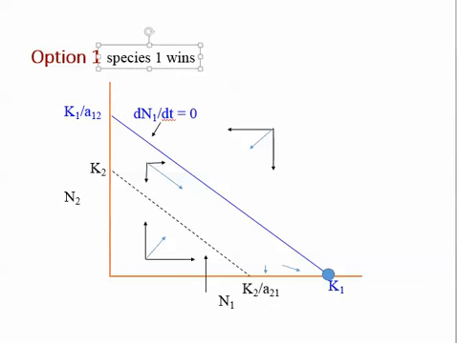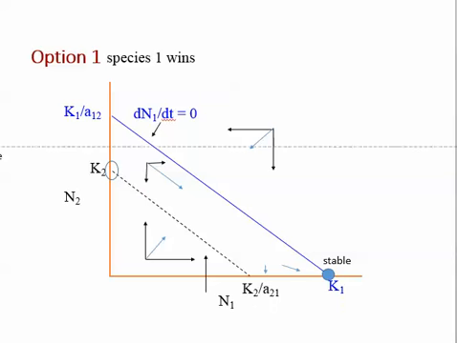And when species 1 wins, this is then a stable equilibrium point that, if perturbed by an addition of species 2 into the population, species 2 would go extinct. And that makes this point right here, the carrying capacity of species 2, an unstable equilibrium point. And what does that mean?